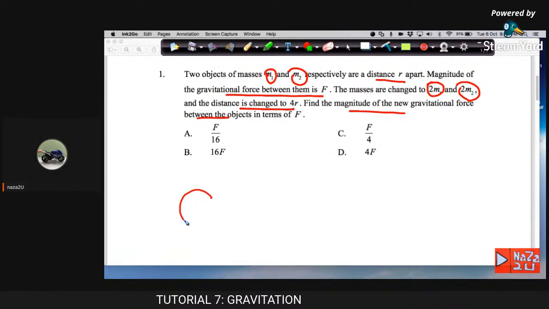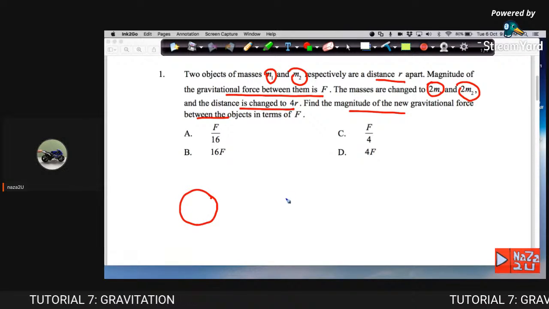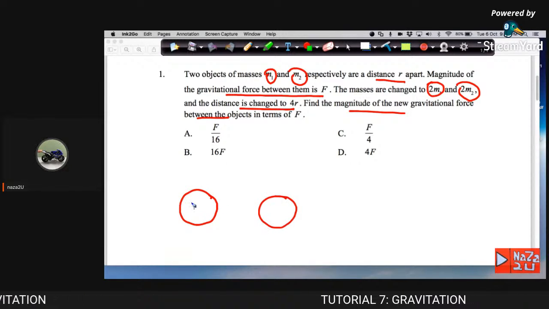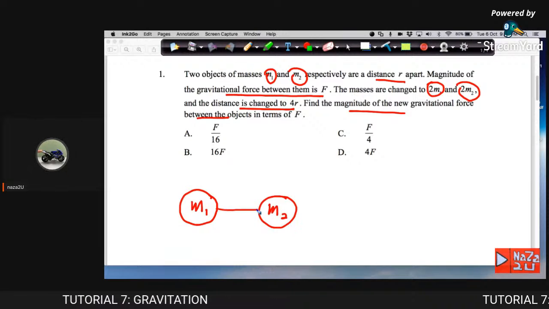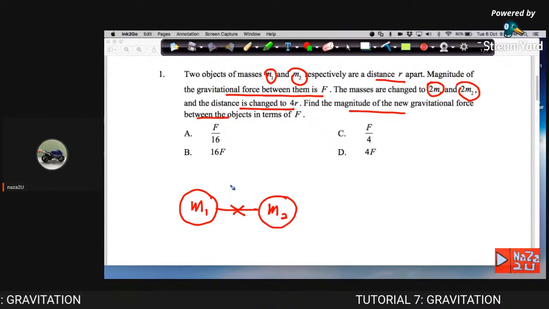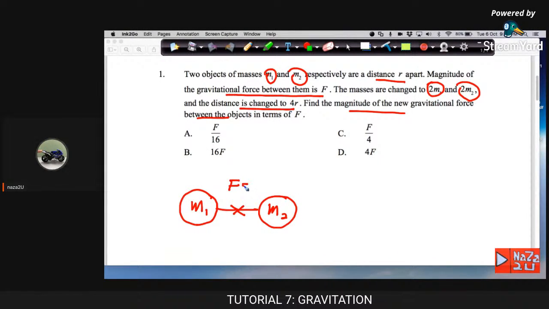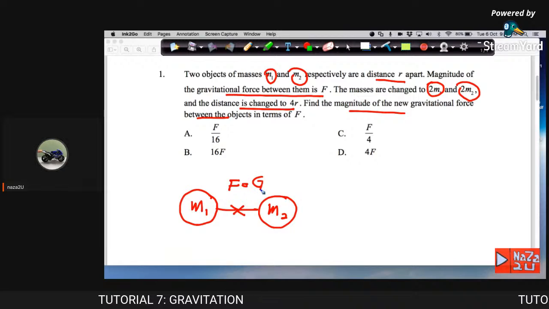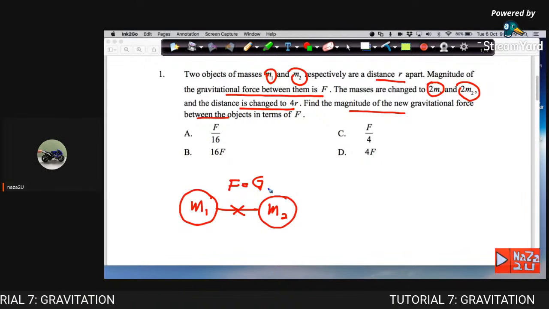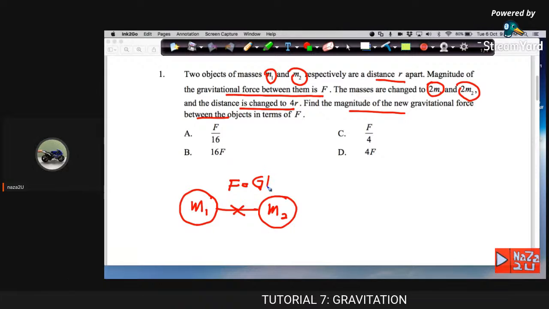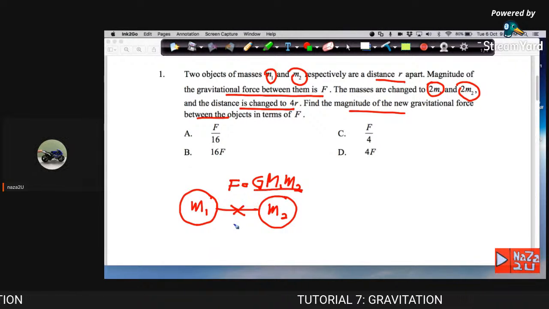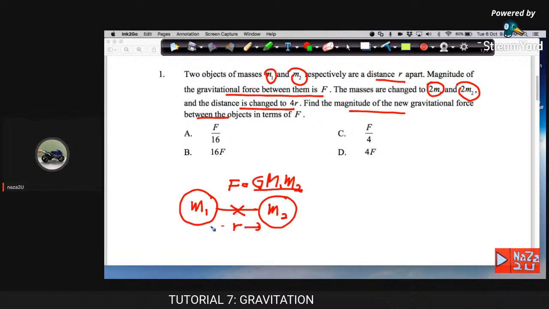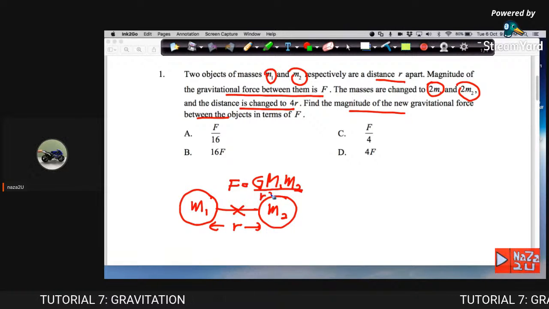So the gravitational force, if you have the objects m1 and m2, so we have the attractive force between the two objects, or F, is equal to universal gravitational constant G times mass 1 times mass 2 divided by the distance between the two objects, r square.